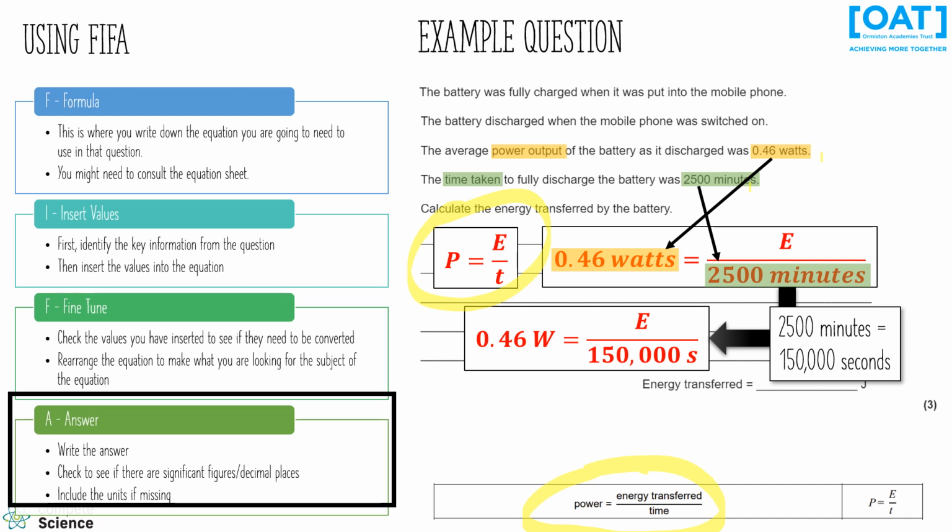So using your calculator, we could then rearrange this formula. So this is another part of the fine tune. The energy transferred will be the power multiplied by the time.